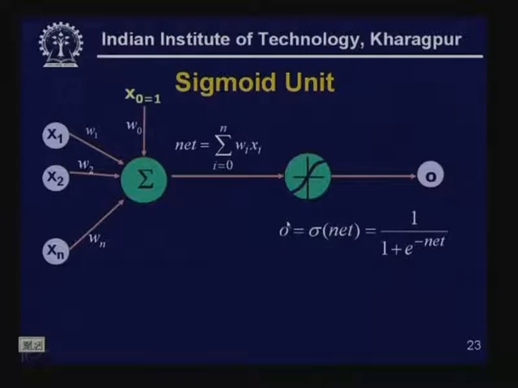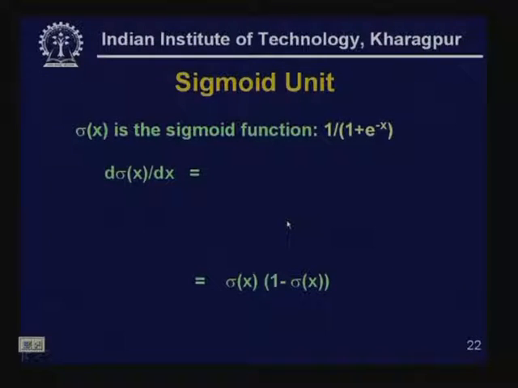You see, the mathematics becomes much simpler when we deal with the sigmoid function, because not only is it differentiable, but differentiating it gives us, we can express it in the form of the function itself.